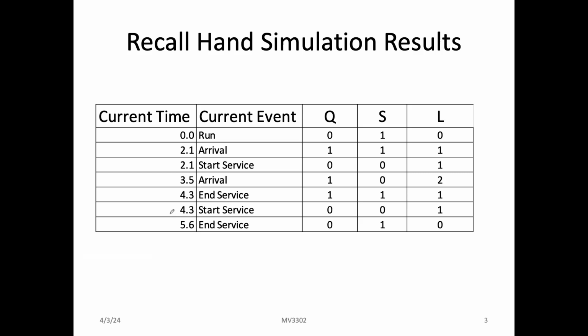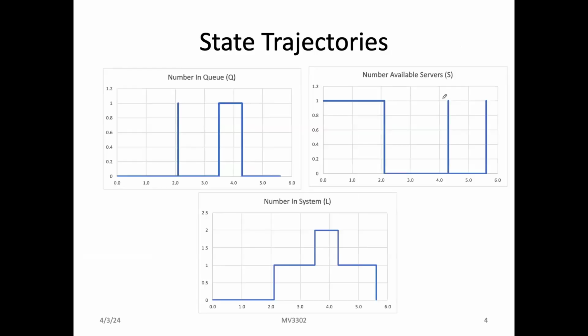So what is the average number in the queue, for example? What is the average number of available servers? But a more useful metric is the average utilization over all servers. And then finally, since we have the number in the system, what is the average number in the system?